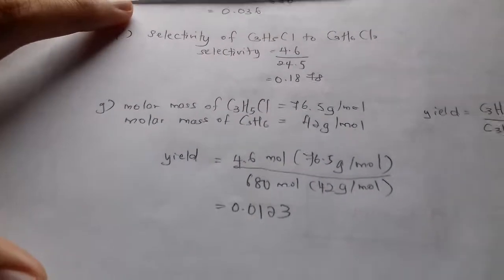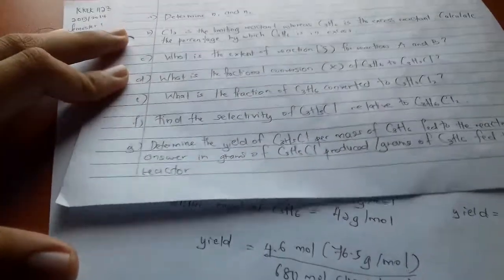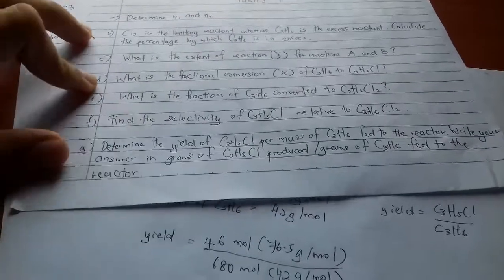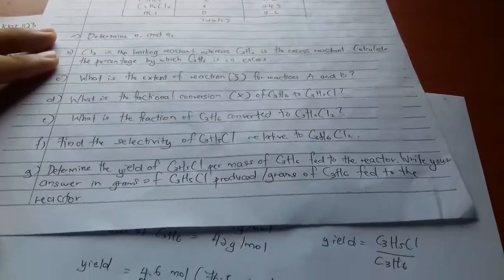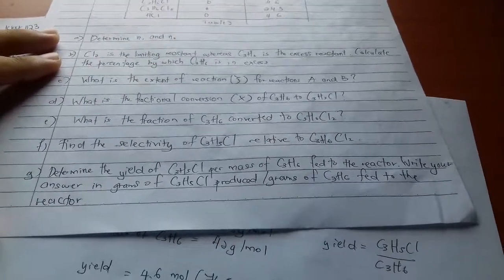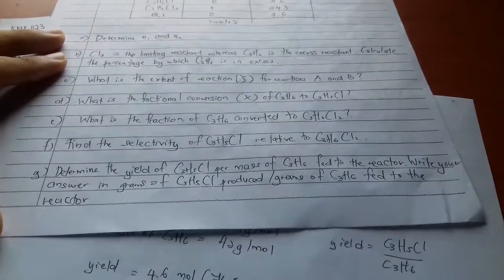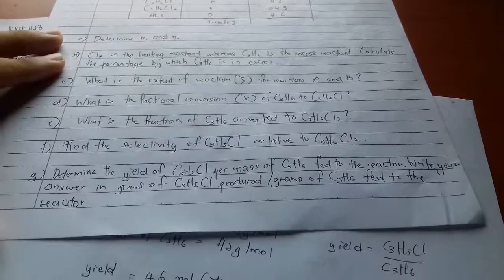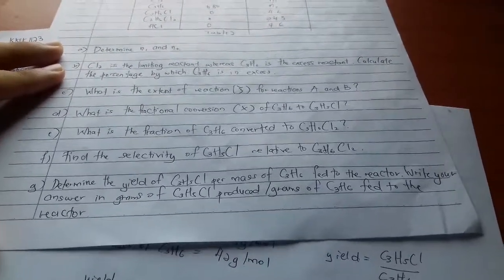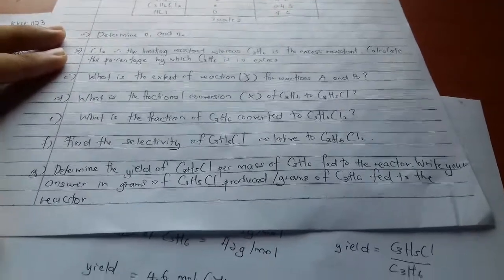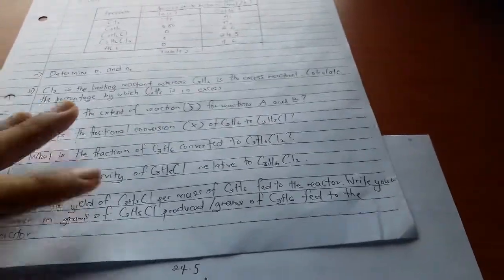So question G. Determine the yield of C3H5Cl per mass of C3H6 fed to the reactor. Answer in grams of C3H5Cl produced per grams of C3H6 fed to the reactor.